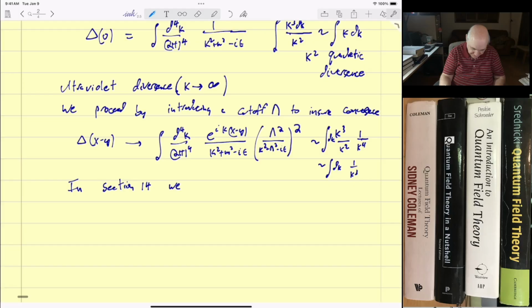So in section 14, when we actually calculate this, we will find that for lambda much, much greater than the mass in the theory, delta 0 is equal to i lambda squared over 16 pi squared.